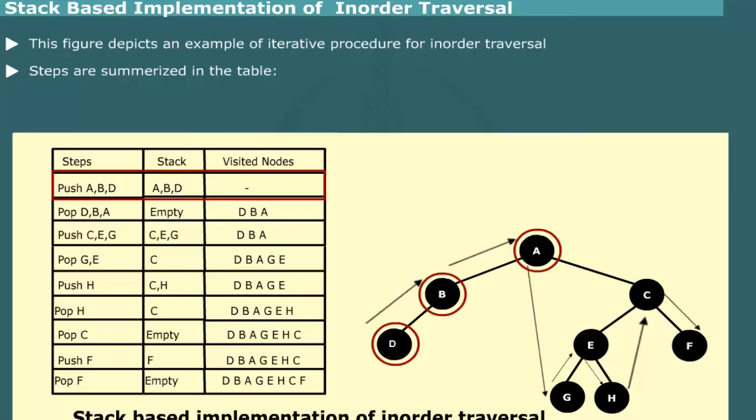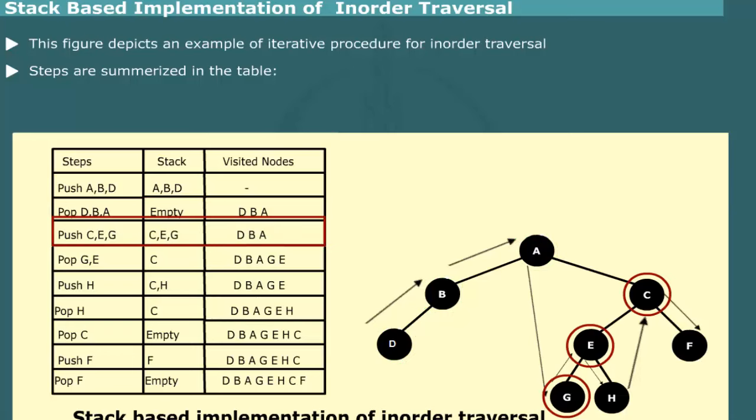Push ABD, pop DBA, push CEG, pop GE, push H, pop H, pop C, push F, pop F. Finally, the Inorder traversal is DBAG EHCF.